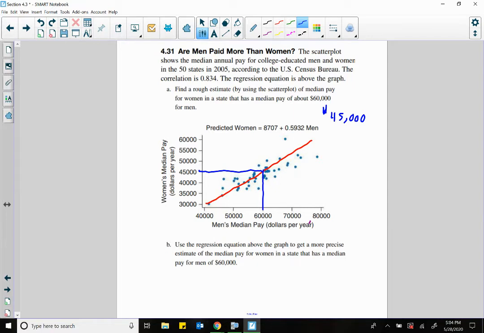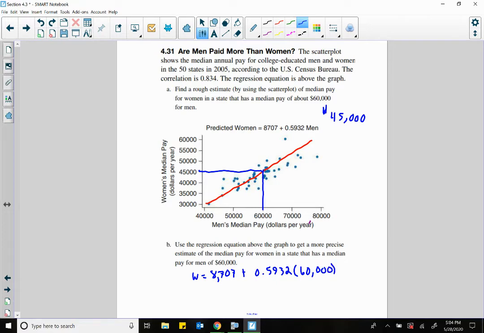Part B says, plug it in. See if that really is a close prediction that you made. So women equals 8,707 plus 0.5932 times 60,000.